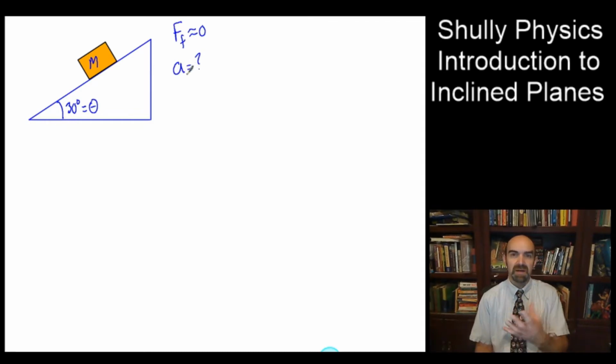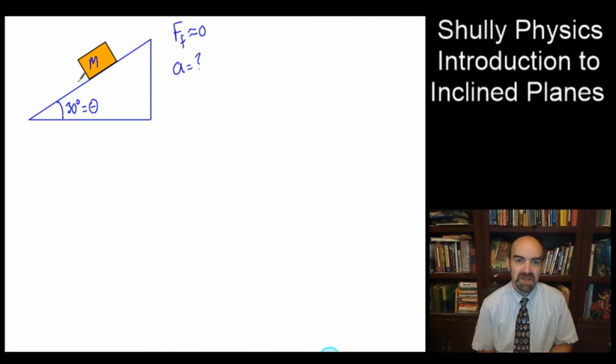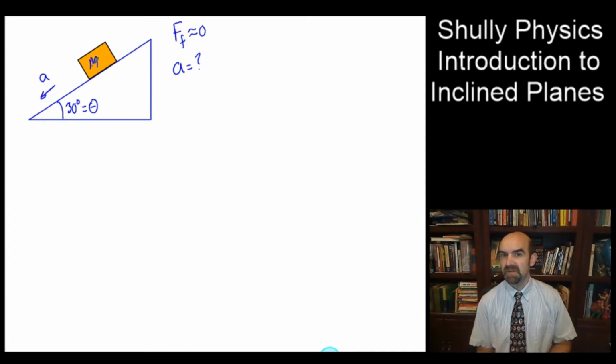Now, if you let a block slide down a frictionless plane, its motion will be in this direction, so therefore it's going to accelerate down the slope. All right, so even with just an angle, even if you don't know the mass, we're going to find that we can figure out an acceleration rate. Just ask Galileo about dropping things from the Tower of Pisa. So I guess there's only one tower.